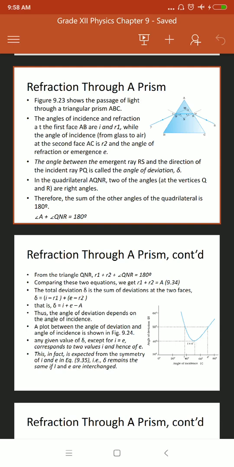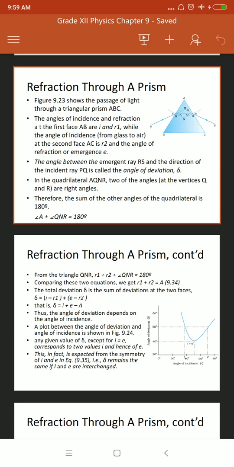From the triangle QNR, we can say that R1 plus R2 plus angle QNR equals 180. By comparing these two equations, A plus angle QNR equals 180 and R1 plus R2 plus angle QNR equals 180, we get R1 plus R2 equals A.